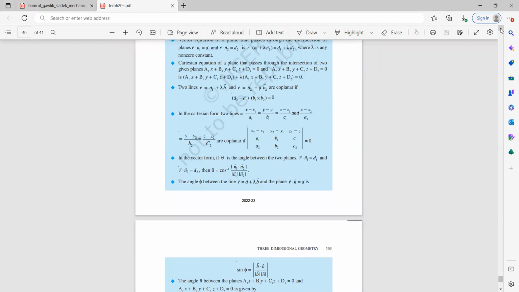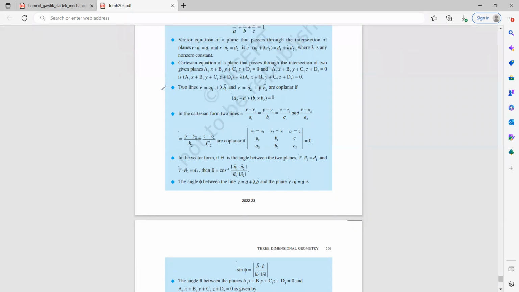Here also you can see something related to lines is given. Lines are r = a1 + lambda b1 and r = a2 + mu b2. If you need to prove that they are coplanar, find (a2 minus a1) dot (b1 cross b2). If it is 0, then you can say they are coplanar.